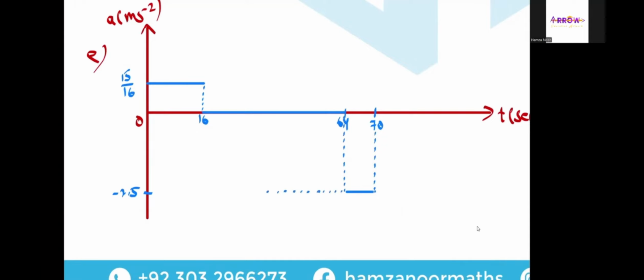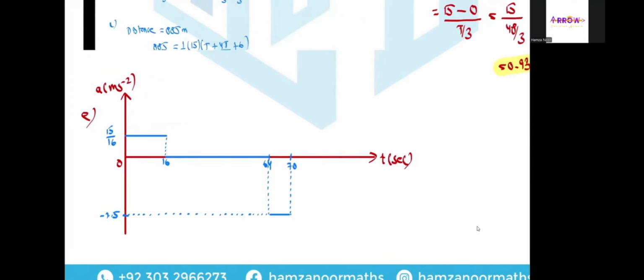The horizontal broken line is not very important, but at least try to make the vertical lines, because there are abrupt changes in the values of the graph. When t equals 16, the first stage of the journey is ending. In the first stage acceleration is 15 over 16, then there is steady speed, so acceleration is 0, and then in the last stage deceleration starts, so acceleration is minus 2.5. So this is the acceleration time graph for part E.